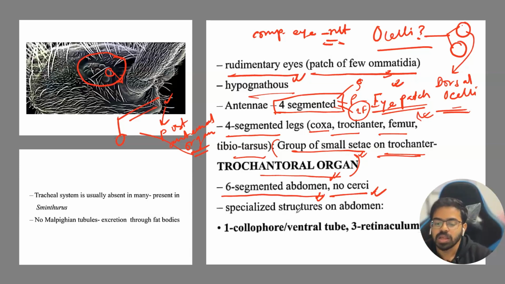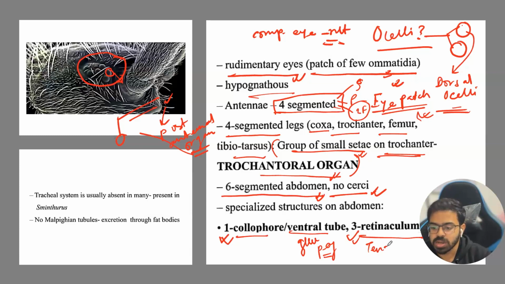As I mentioned, the Apterygota have pregenital abdominal appendages. So 3 pairs of pregenital abdominal appendages are there. Remember, the first abdominal segment contains the colophore or ventral tube, also known as glue peg. The third abdominal segment contains the retinaculum or tenaculum.